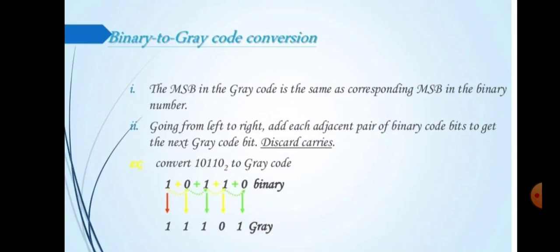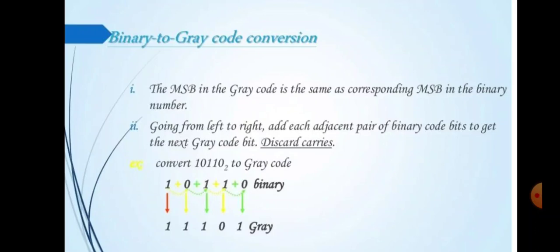Now the binary to gray conversion. If you are going to manually convert the binary number into the gray code, then you have to follow this procedure. The MSB in the gray code is the same as corresponding MSB in the binary number. Okay, so this point is also very important, that is MSB in the gray code and the MSB in the binary number, these both are same.